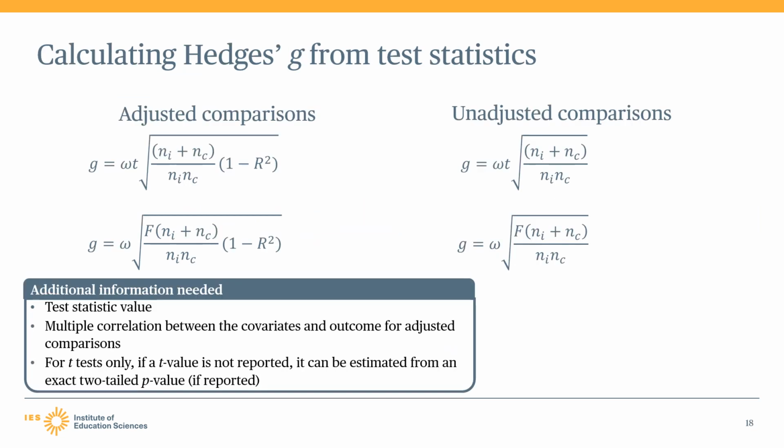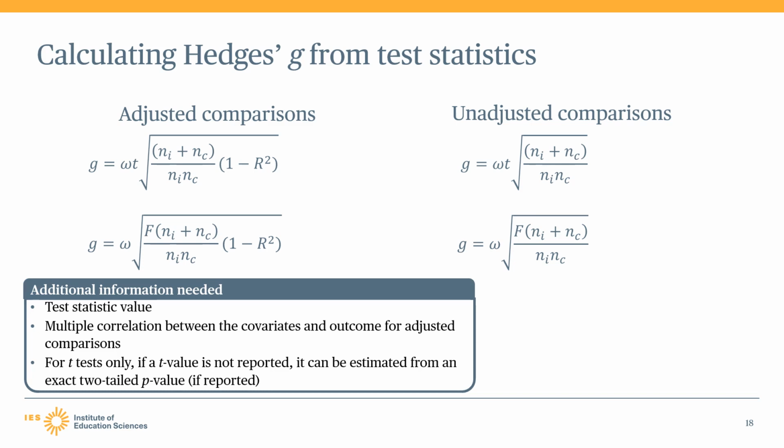Sometimes the WWC has to use test statistics to calculate effect sizes instead of the impact estimate. A study could conduct a covariate-adjusted analysis, such as multiple regression, but still not report sufficient information to compute an effect size using the formulas we just discussed. For example, the study authors might not report the unadjusted standard deviations for the intervention and comparison groups.